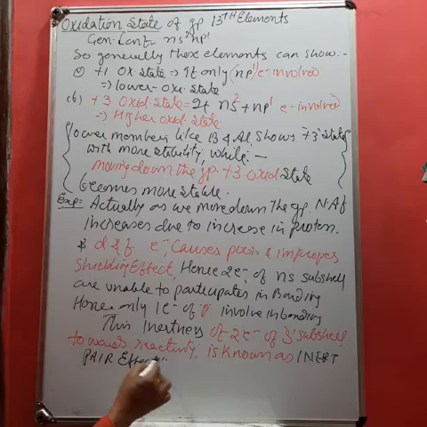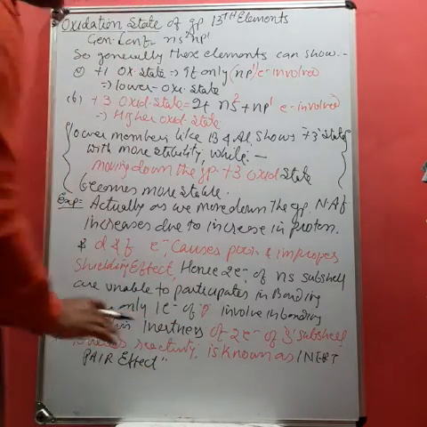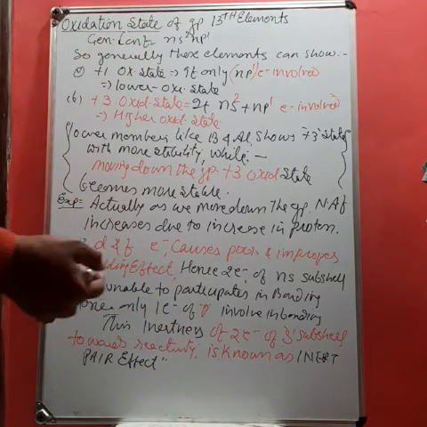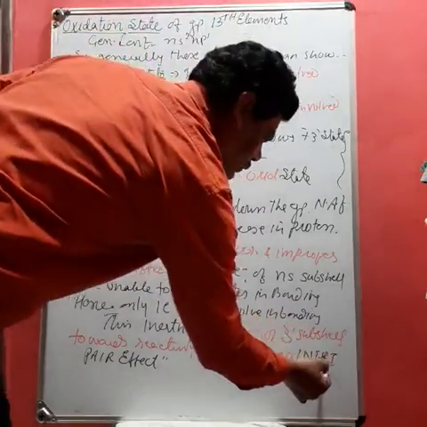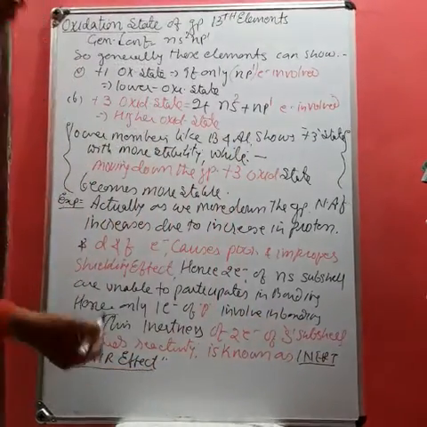Students, it is a very important term. Inert pair effect, like poor shielding effect, is also one of the very important terms.